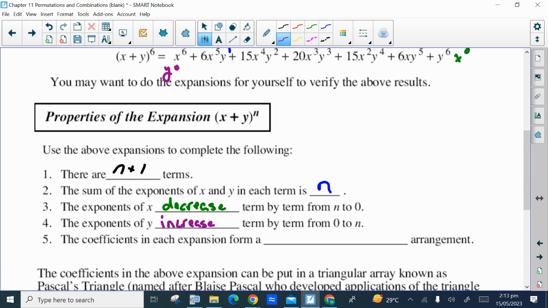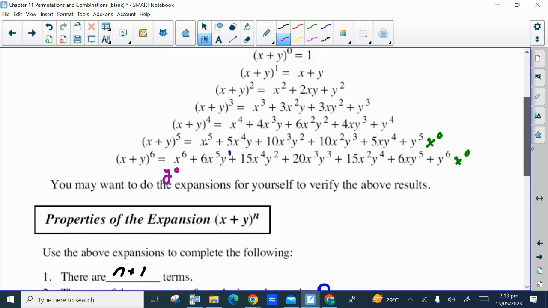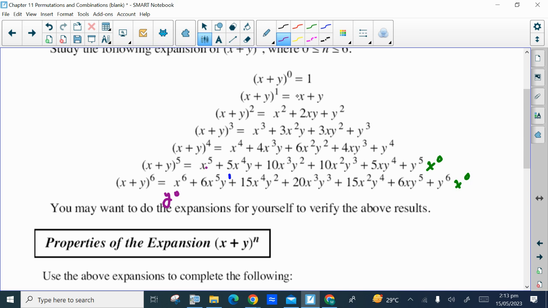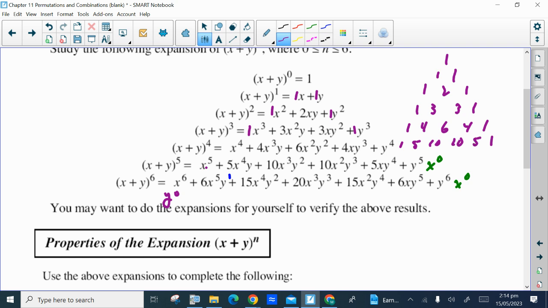The last row or number says coefficients in each expansion form a what kind of relationship? Well, if we look at the coefficients, it's 1, then 1, 1, then 1, 2, 1, then 1, 3, 3, 1, and so on. We can keep going, and I don't have room to write that next row, but that's fine.